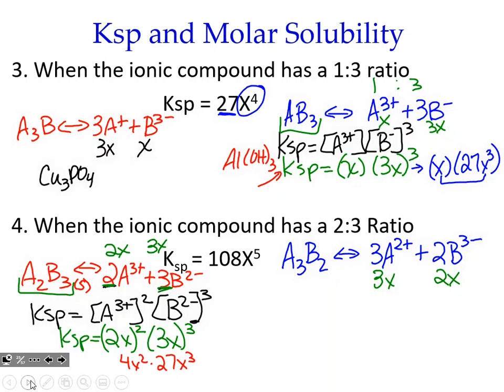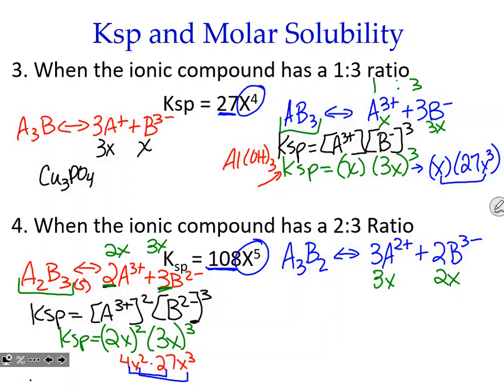And I bet you can probably estimate what 4 times 27 is. 4 times 27 is what? 108. That's where that comes from. Good. And the 2 times the 3 there for the x gives you the x to the 5th. That's where that comes from.